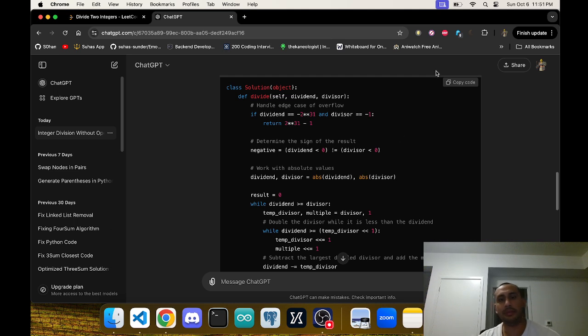Determine the sign of the result. If the dividend is less than 0, it's not equal to... Okay, so figure out if it's true or false. Dividend is less than 0 is not equal to divisor.